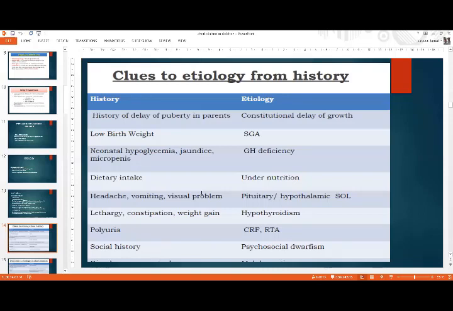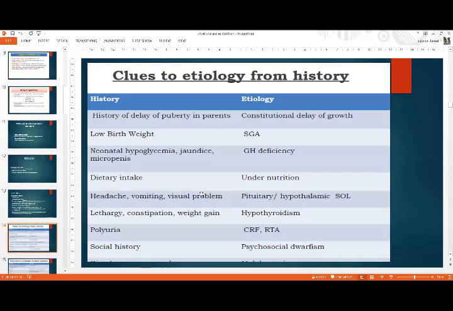If there is lethargy, constipation, or weight gain, then the most likely cause is hypothyroidism. If there is history of polyuria, then there are renal causes leading to chronic renal failure or renal tubular acidosis. If there is some psychosocial deprivation, some problem in the social setup, then it will be psychosocial short stature.